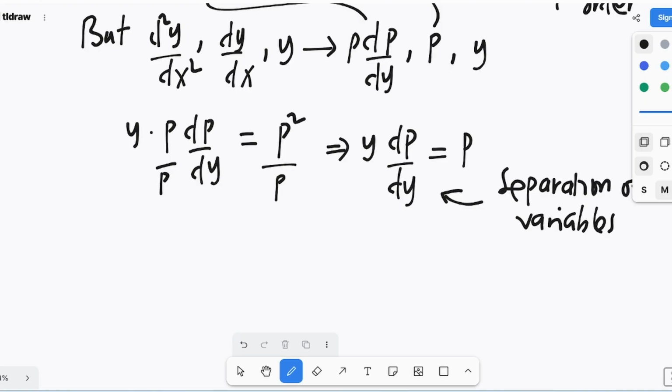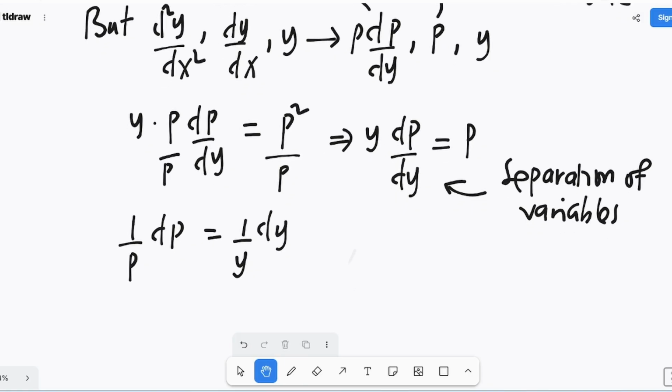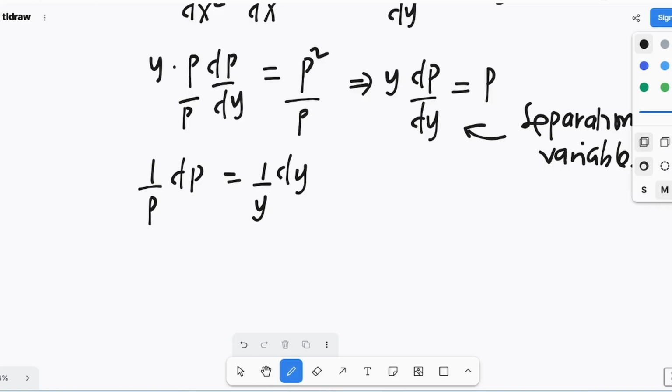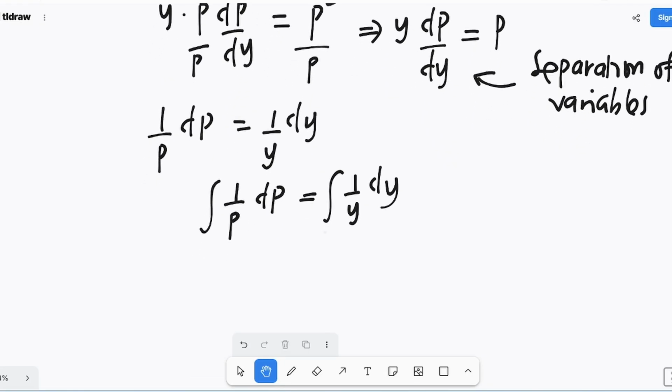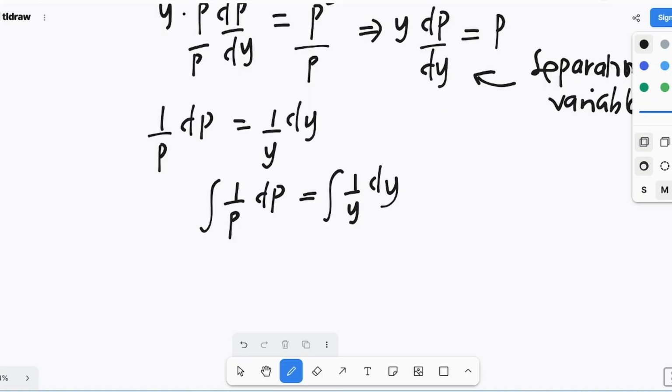On separating them, we have 1/p dp is equal to 1/y dy. The next thing is to integrate on both sides: the integral of 1/p dp is equal to the integral of 1/y dy. When you integrate 1/p, you end up having ln p.